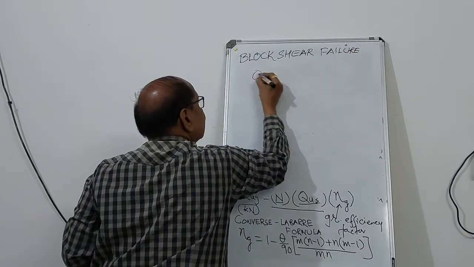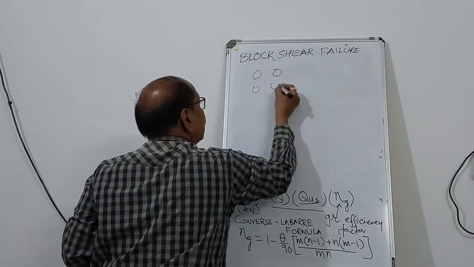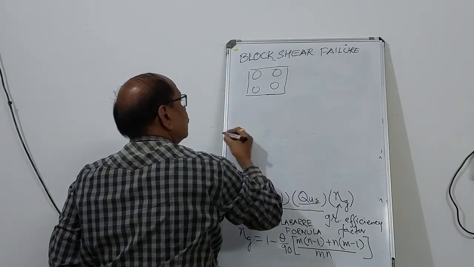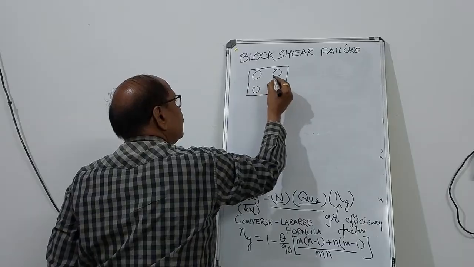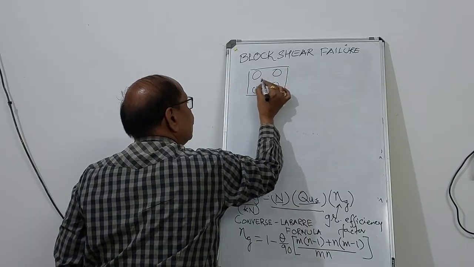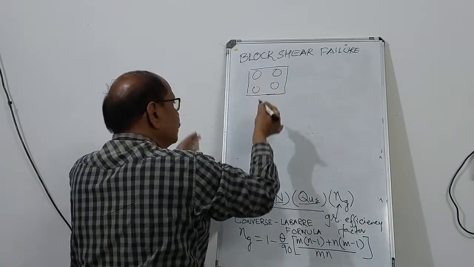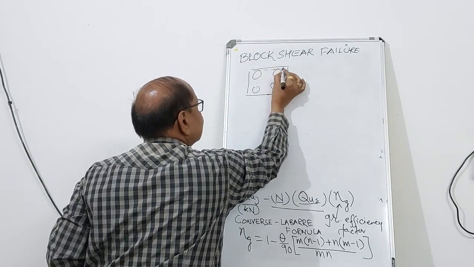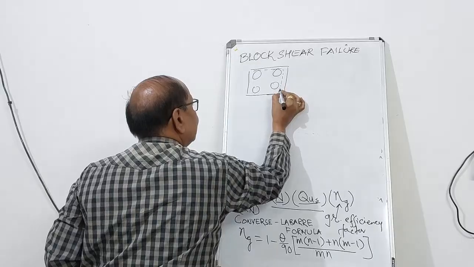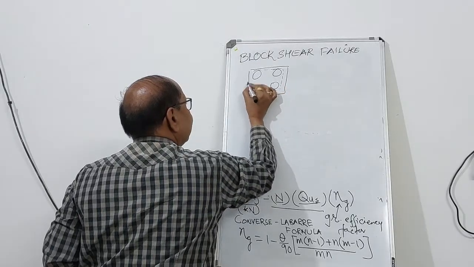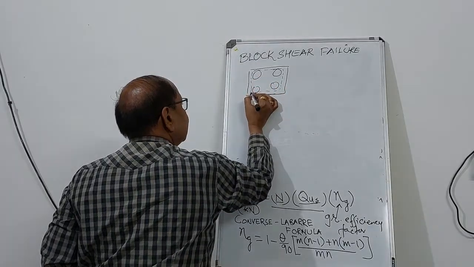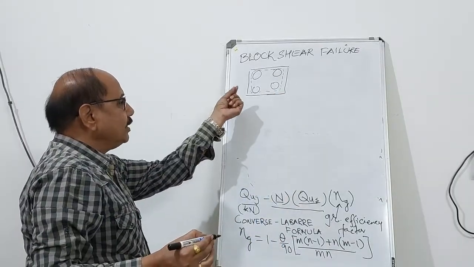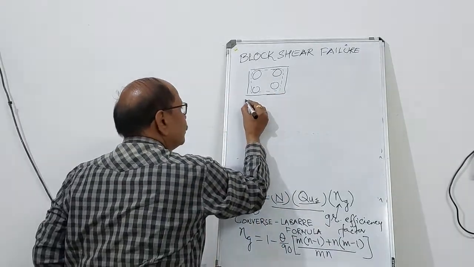So if this is the pile group, this is the plan view. Here the piles are going to act as one unit. So the failure lines or the shear lines will get developed on the periphery of this pile group. Piles are not going to fail individually, rather they are going to fail in a group.